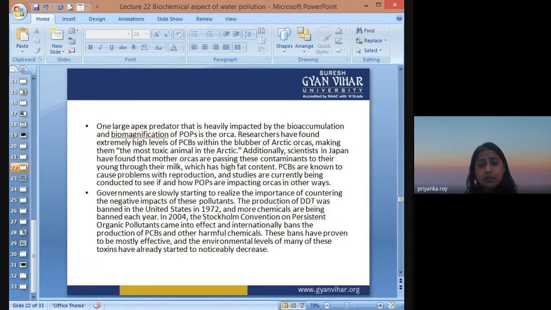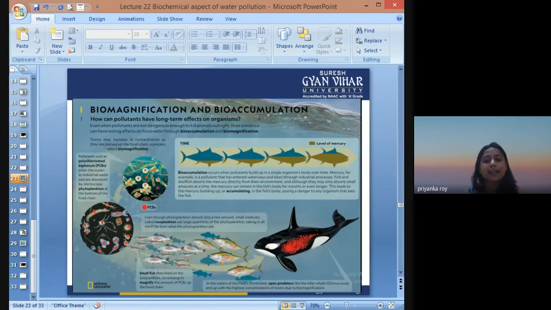In 2004, the Stockholm Convention on Persistent Organic Pollutants came into effect and internationally banned the production of PCBs and other harmful chemicals. These bans have proven to be mostly effective, and environmental levels of many of these toxins have already started to noticeably decrease.